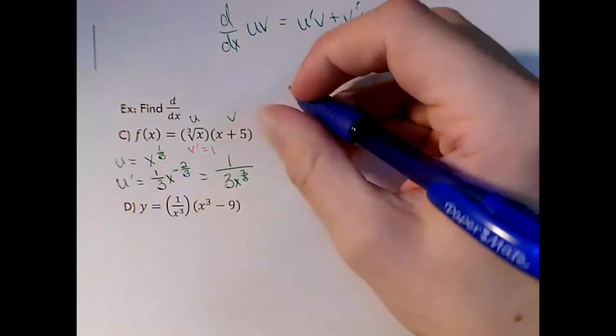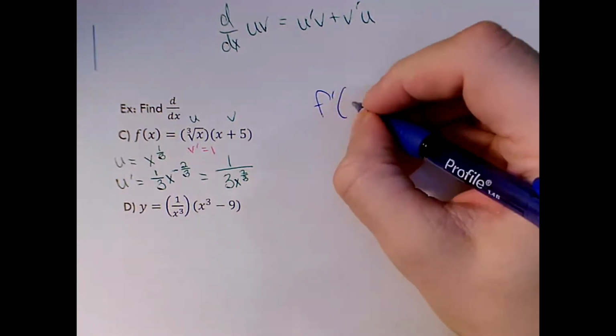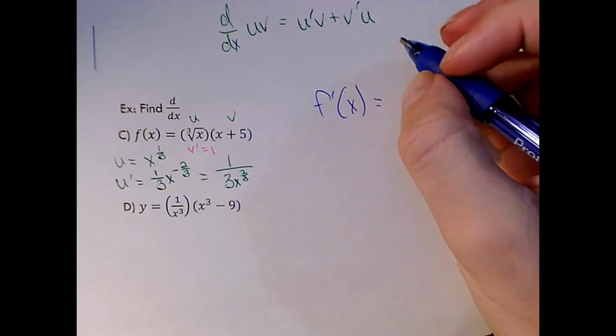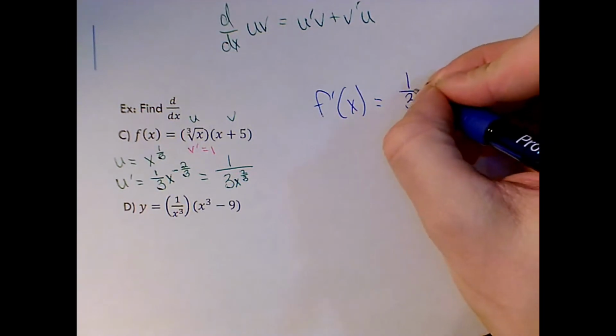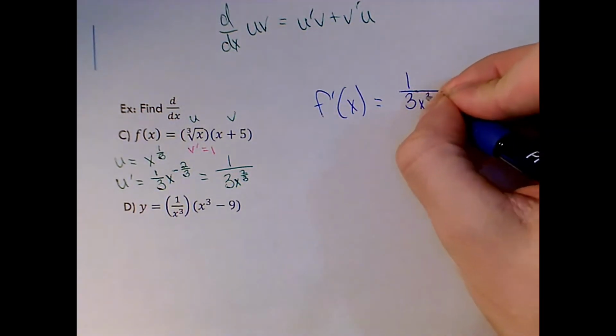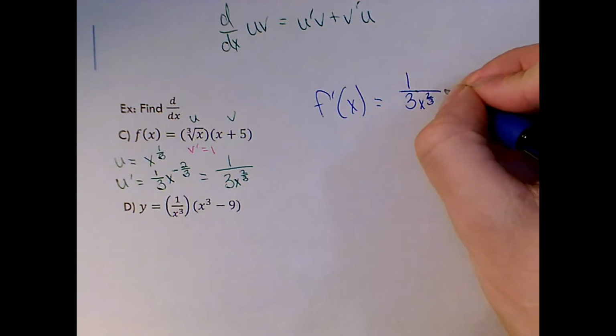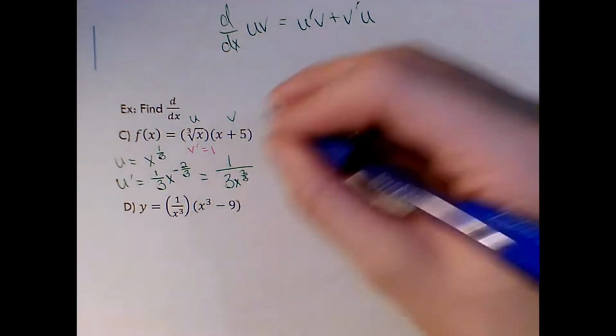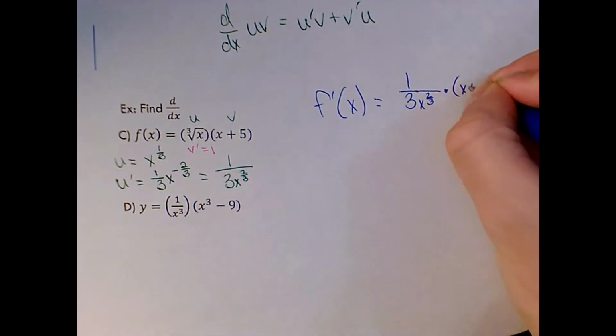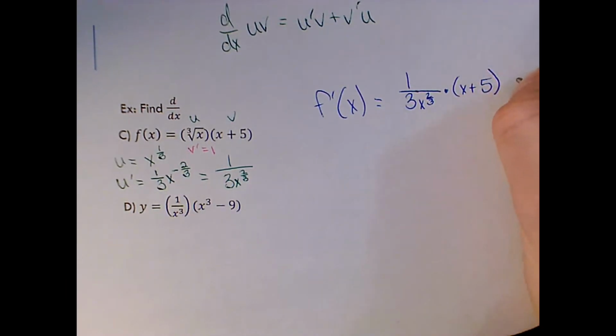F prime of x is u prime v, so I've got 1/3 x to the 2/3 on the bottom times v, which is x plus 5, plus v prime, which was 1, times u, which is cube root of x.